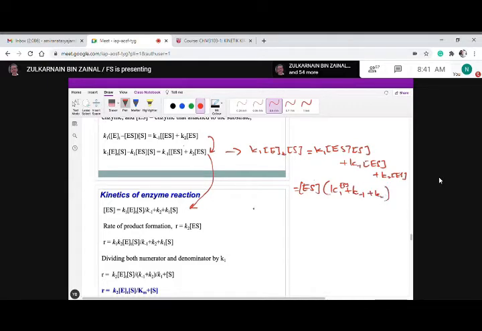So meaning that the concentration of ES should be K1 ET S over K minus 1 plus K2 plus K1 S.